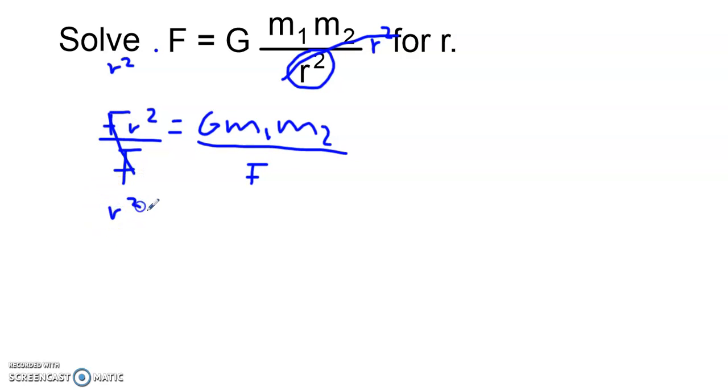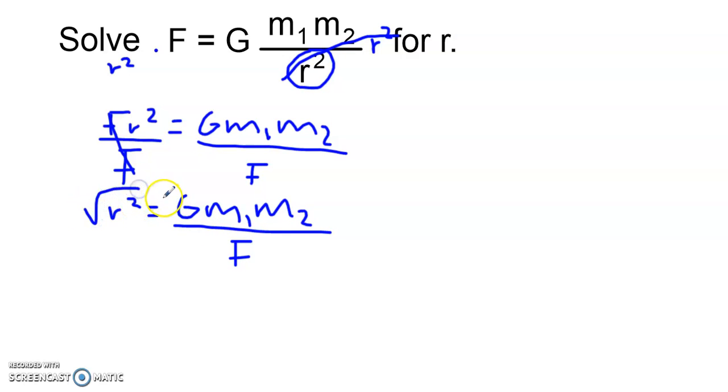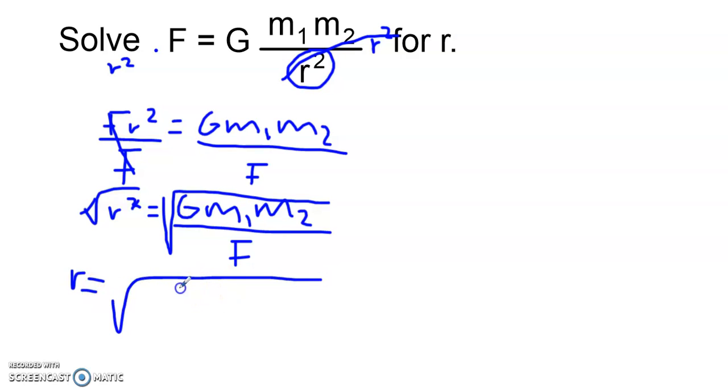So we've got R squared equals G M1 M2 over F. So now to get rid of this square, we do the square root. So that gets rid of that. So we've got R equals the square root of G M1 M2 all over F, and that's in parentheses in here under the square root.